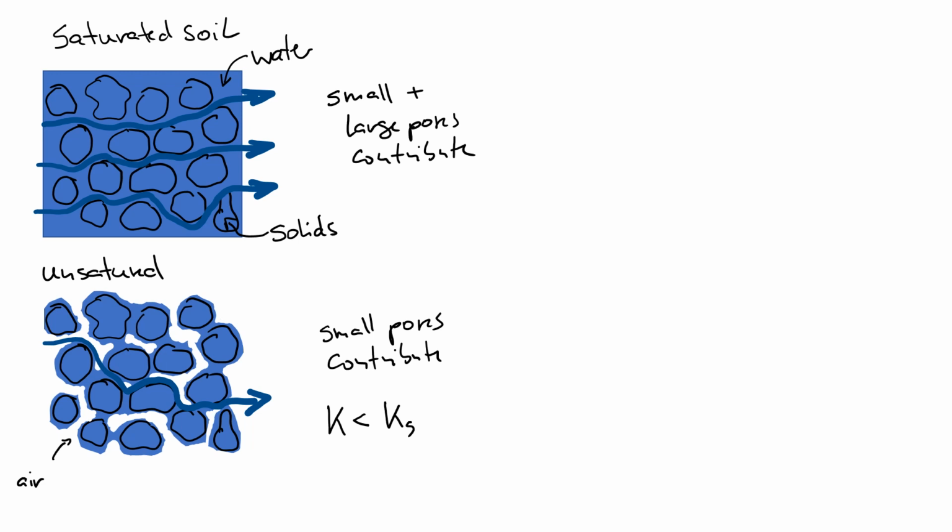So the hydraulic conductivity has to decrease as we decrease the water content in the soil, as we start to desaturate the soil. We may relate this back to the water retention characteristic that we've spent so much time talking about. Remember, in this characteristic, we linked the volumetric water content with the matrix potential of the soil. It had this characteristic S shape.